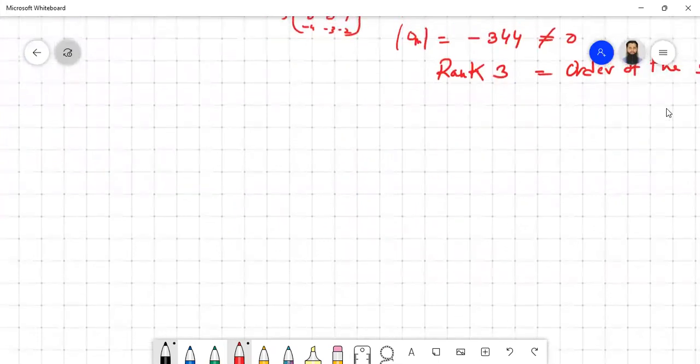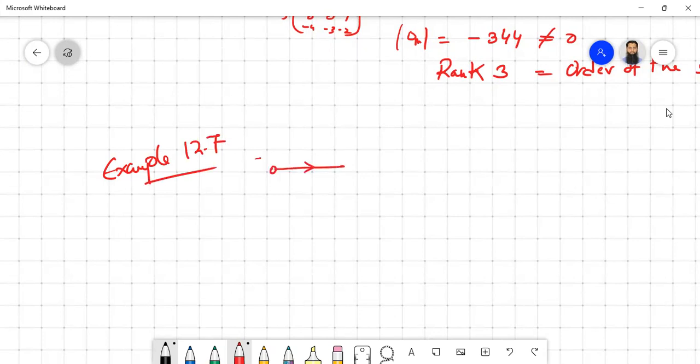In another example, if you want to check whether the system is observable or not, 12.7. The signal flow graph is given this time: 1 by S, then 1 by S, and then you have again 5 going to output.